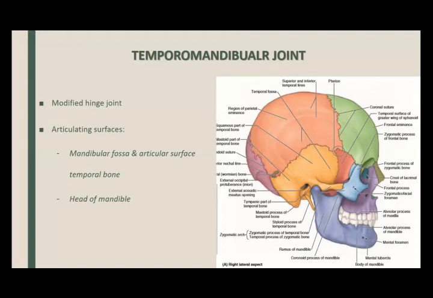आप knee joint ले लें, elbow joint ले लें, whatever. But over here in this case, बेटा ये जो articulating surfaces हैं ना, they are covered with fibrocartilage. Mandibular fossa भी and head of the mandible, they are covered with fibrocartilage, not hyaline. ठीक है?